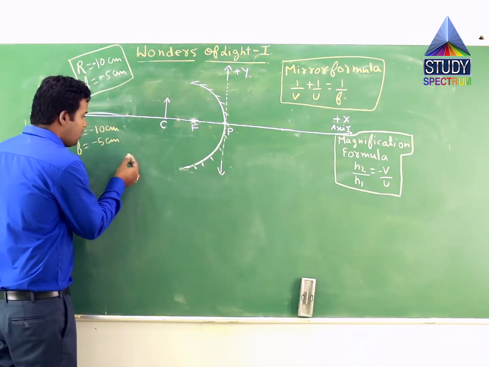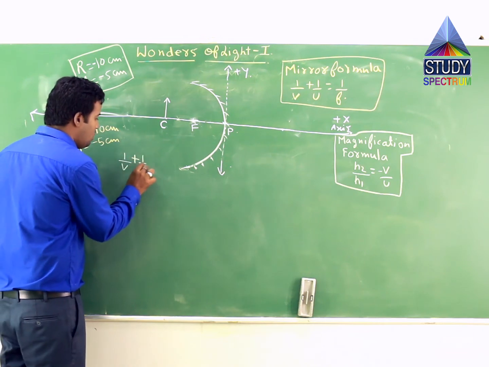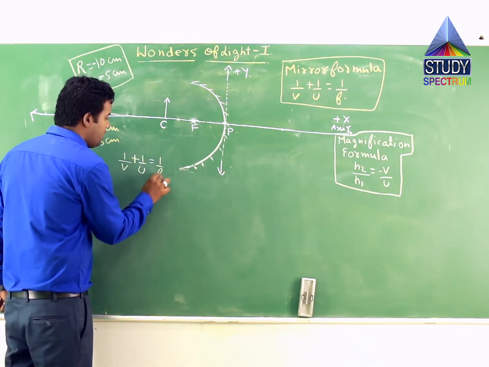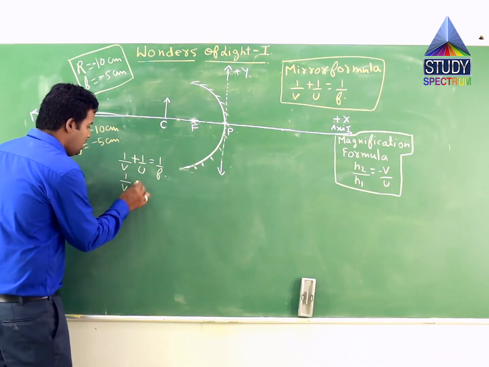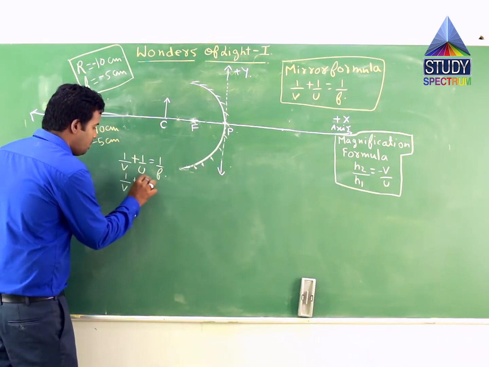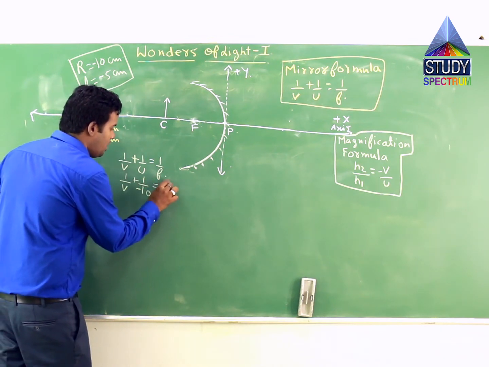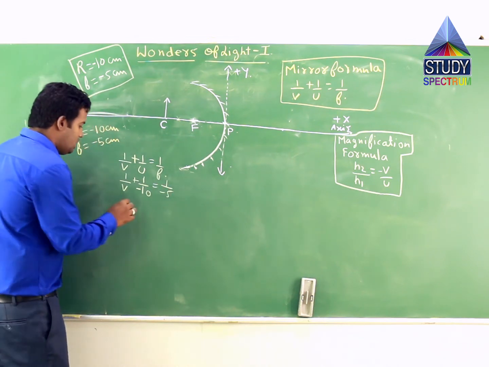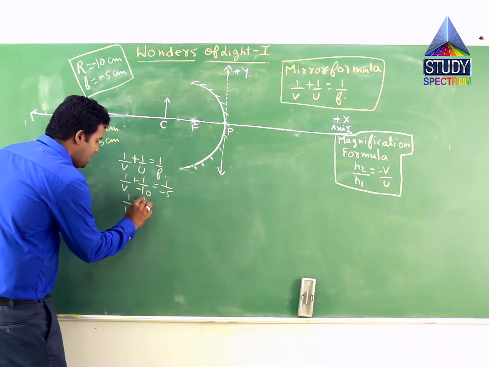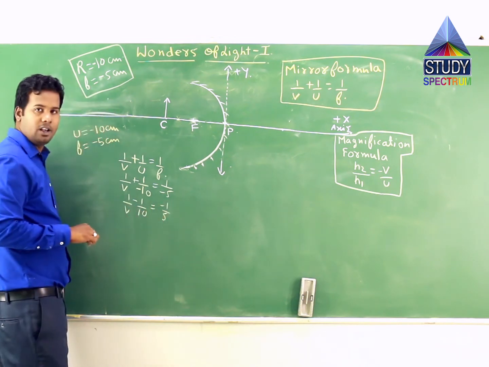Now if we write the mirror formula for this third case, it is again 1 by v plus 1 by u is equal to 1 by f. If we substitute these values, this becomes 1 by v plus 1 upon minus 10 is equal to 1 upon minus 5, which is actually 1 by v minus 1 by 10 is equal to minus 1 by 5. Correct?